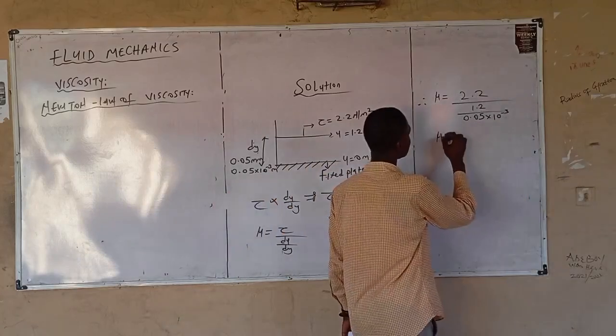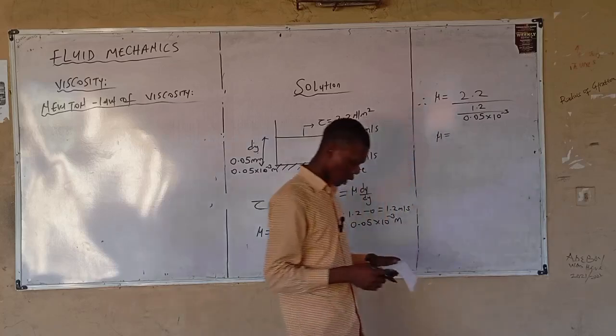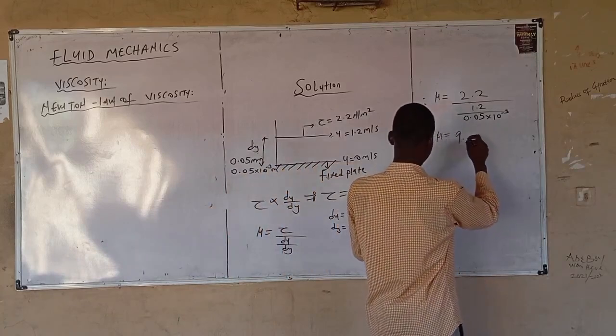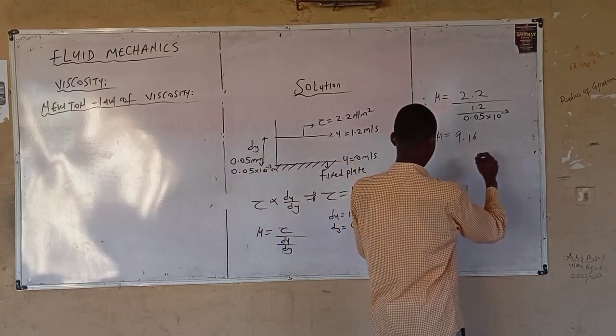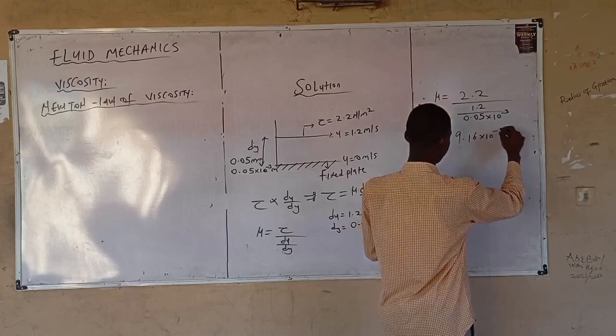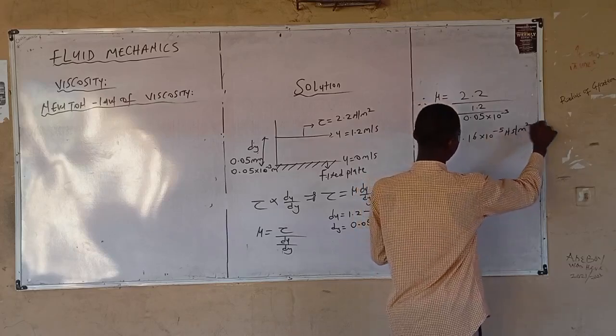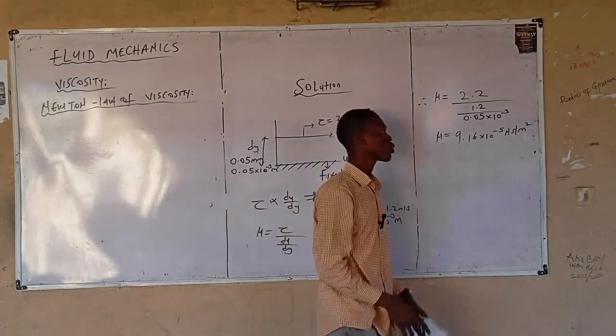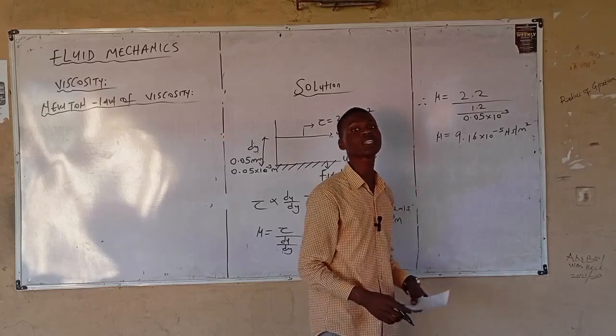Take your calculator and input this. What do you have? I'm having 9.16 times 10 raised to the power of minus 5 Newton seconds per meter square. This is dynamic viscosity in Newton seconds per meter square.